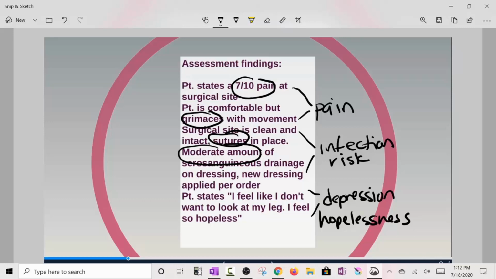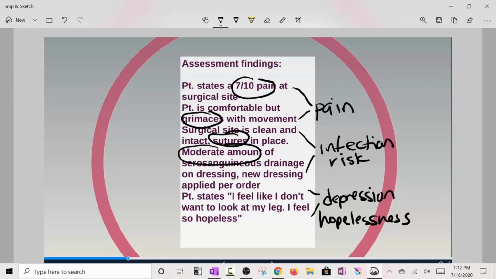She doesn't have anything showing that she has an infection, but she's definitely at risk because she does have an open wound and there is drainage there. That drainage is okay, but having a wet, moist area is always grounds for a risk for infection if not properly cared for. And then we have something indicating that she might have depression or hopelessness by those statements. Okay, so let's go back now.